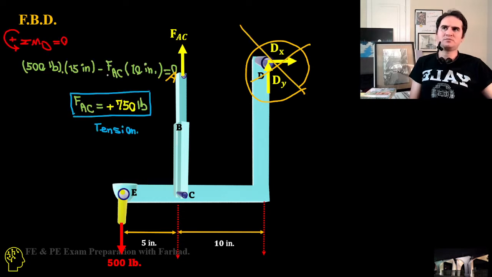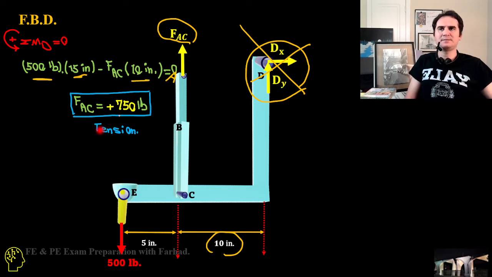So the summation of moments about point D equals zero, which gives us 500 pounds times a distance of 15 inches from D, minus FAC times 10, the vertical distance from D. That gives us FAC is a positive 750 pounds. That's a tensile force.